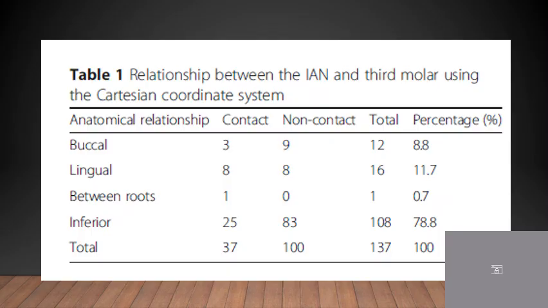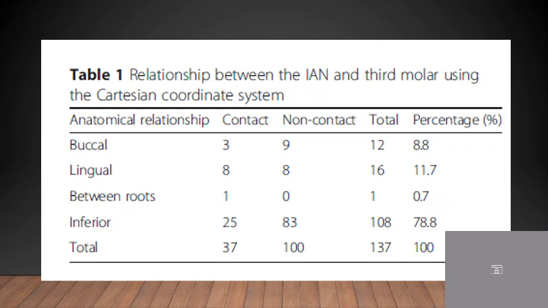Based on that category, the relationship between the inferior alveolar canal and the third molar is described using the Cartesian coordinate system. There is buccal and lingual contact. The chances of finding contact are as follows: buccal contact is 8.8%, whereas lingual contact is 11.7%. The canal being present in between the roots is 0.7%, whereas if it is inferior to the roots it is more than 78%.